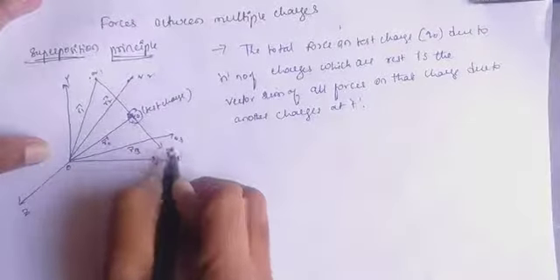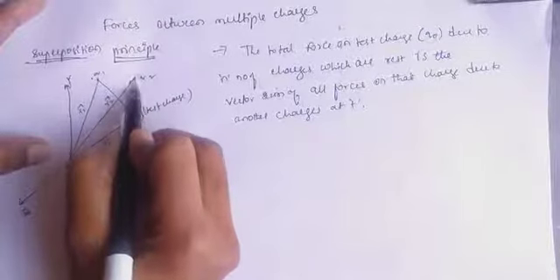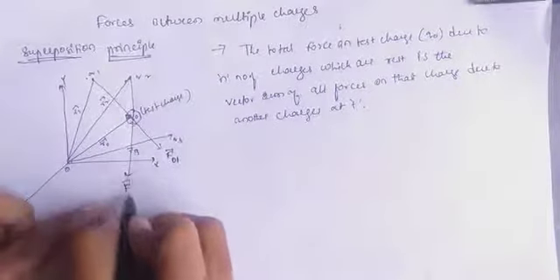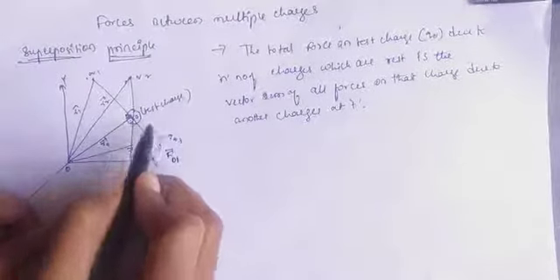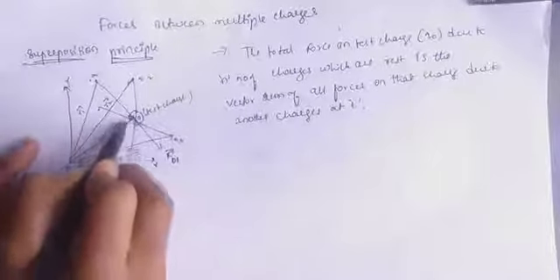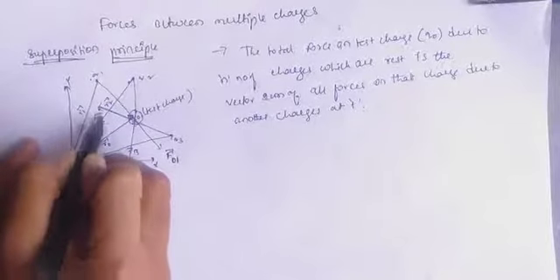Now this is a q2 charge, it applies force on q0 in this direction. So this is the force on the test charge due to the second one. Now this charge applies the force on q0 in this direction. So this is the force on the test charge due to the third charge.